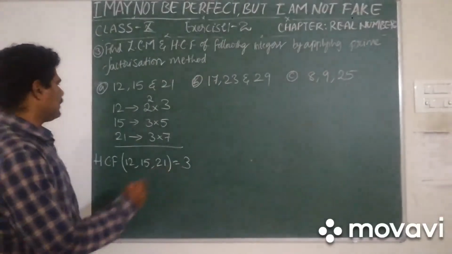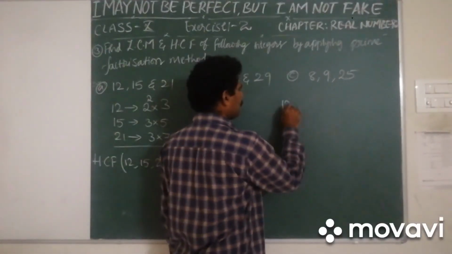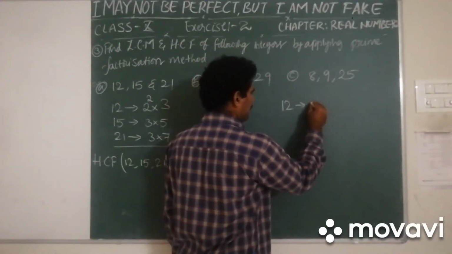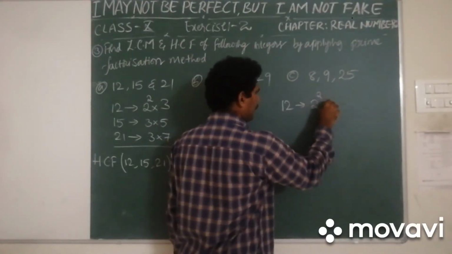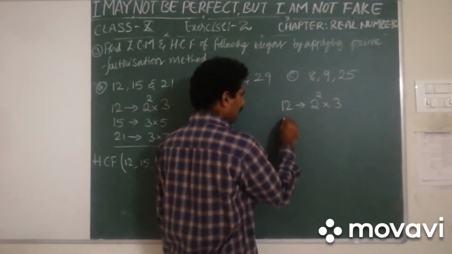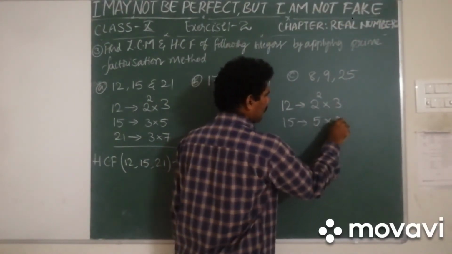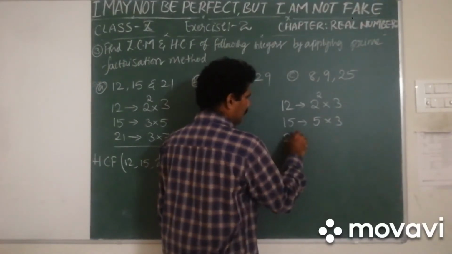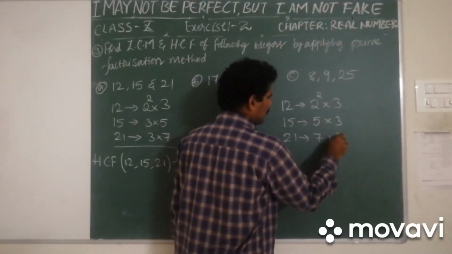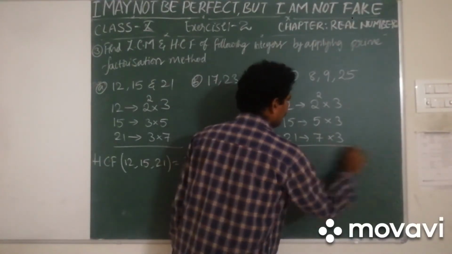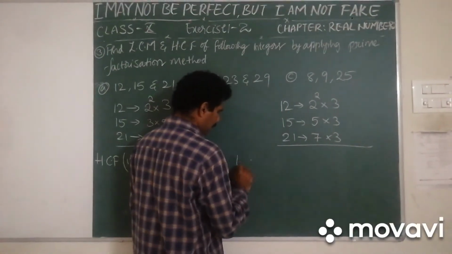Now LCM. Again we have to take the numbers in terms of product of prime factors, isn't it? So 12 is 2 square into 3. Next, 15 can be written as 3 into 5, so 5 into 3. Now 21 can be written as 7 into 3. Now what is the rule for LCM?